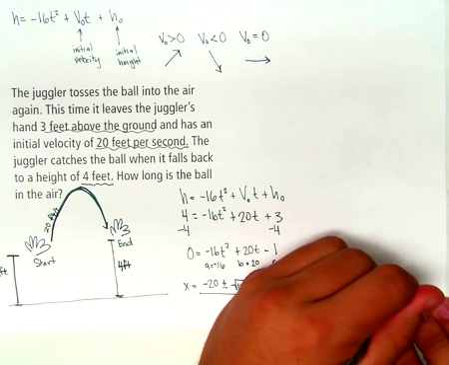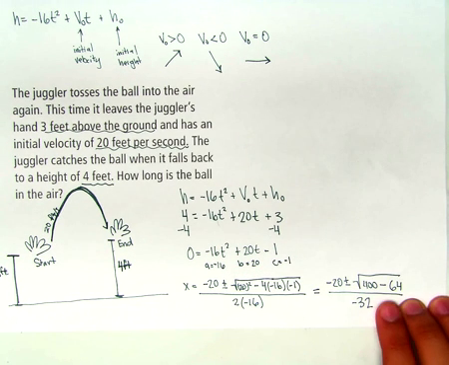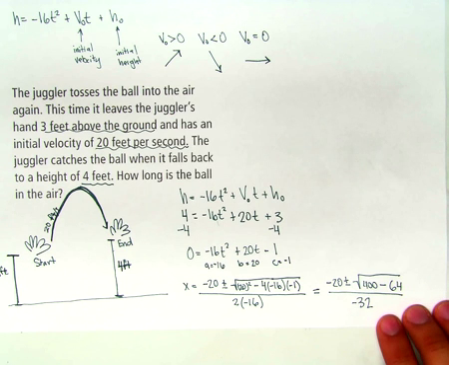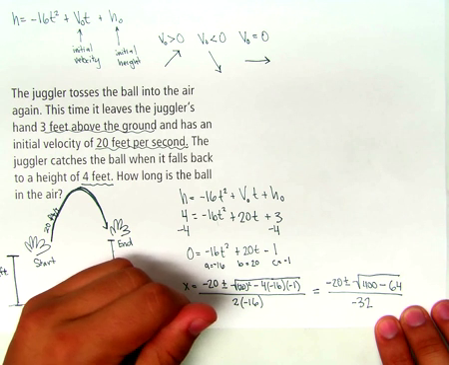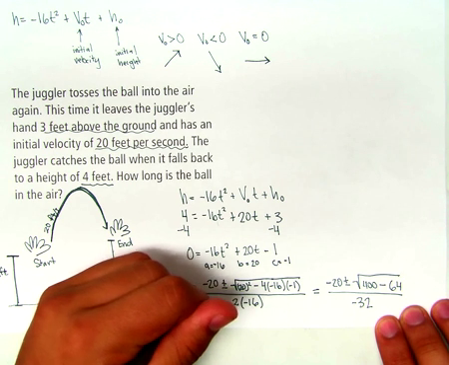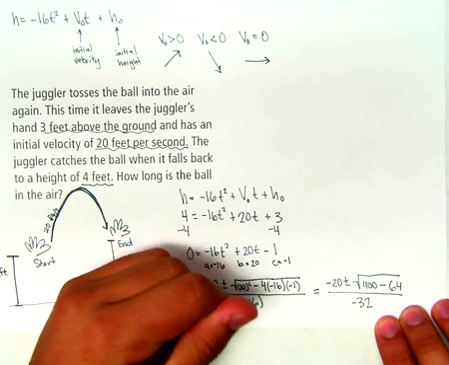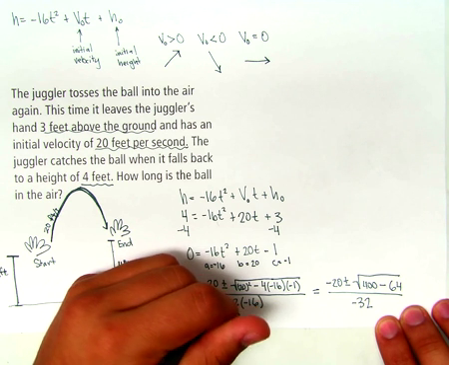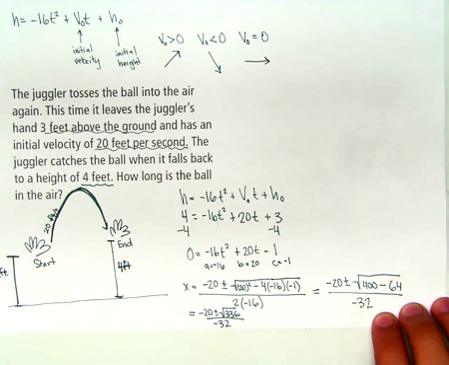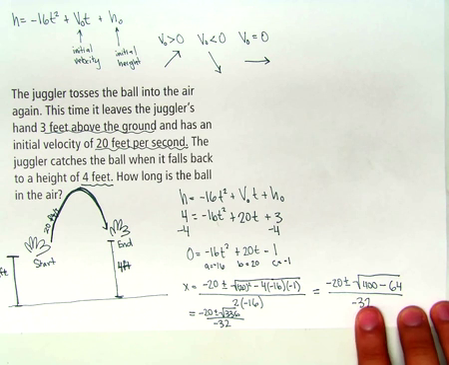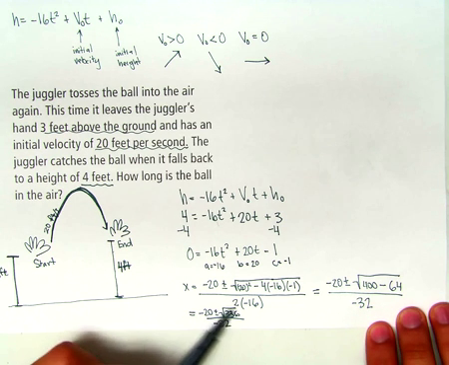So, we have 400 minus 64. What does that come out to be? Okay, so we get negative 20 plus or minus the square root of 336 all over negative 32. So we get this here.